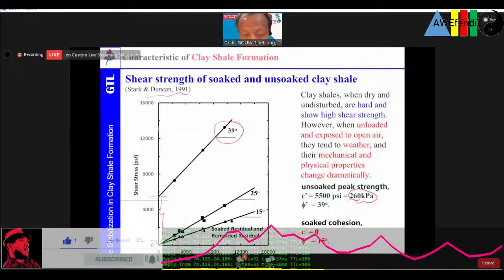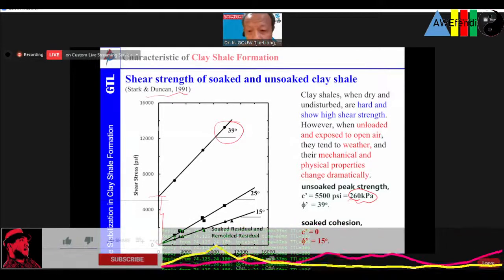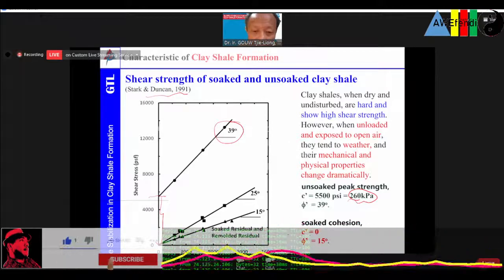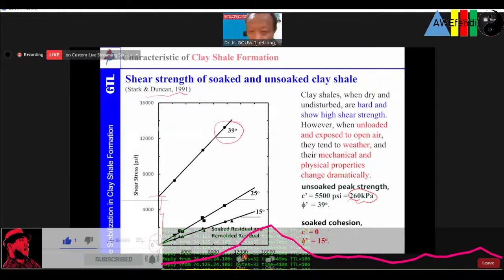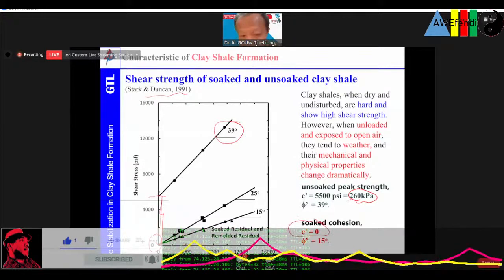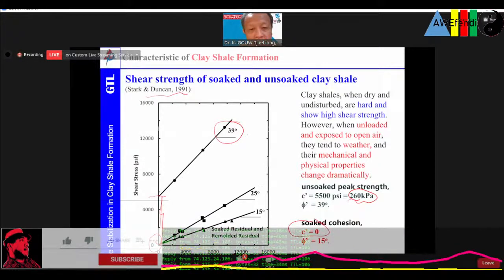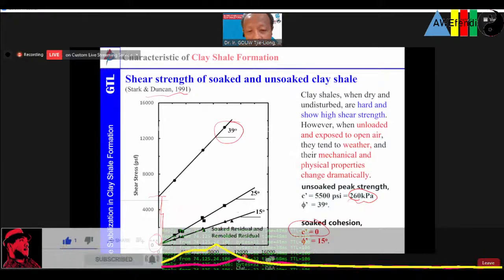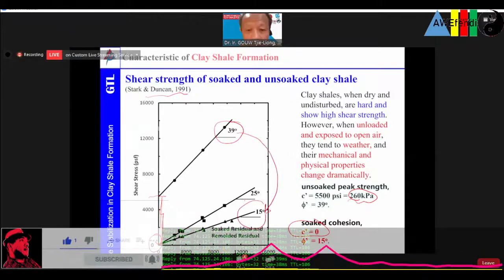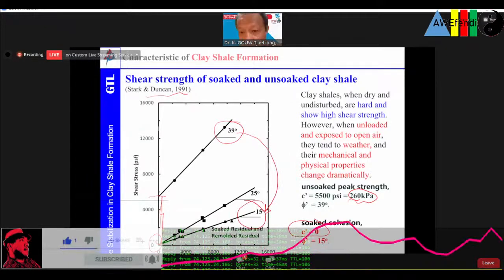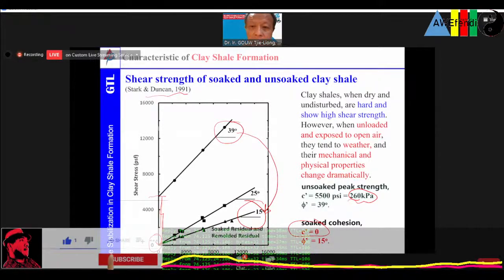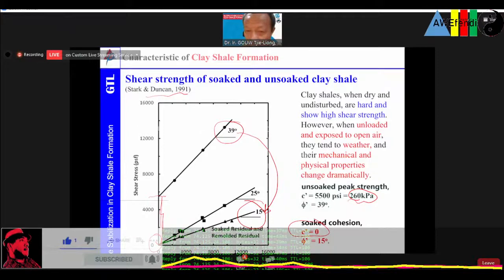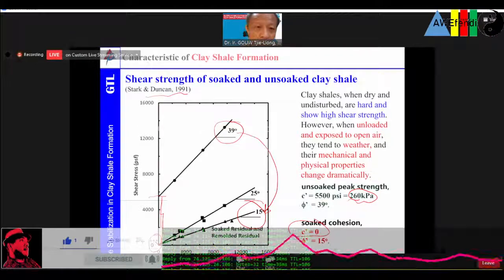But under the soaked condition, after it is soaked for a while, the cohesion practically drops to zero, nothing left, and the phi value can become as low as 15 degrees, from 39 to just 15 degrees. So the physical property changed dramatically. The shear strength changed dramatically upon exposure to the outside weather.